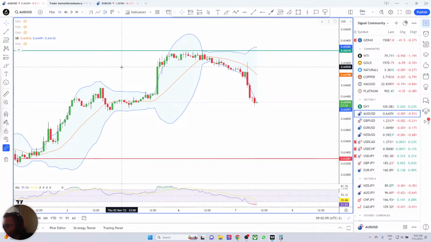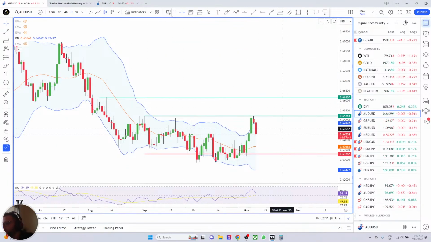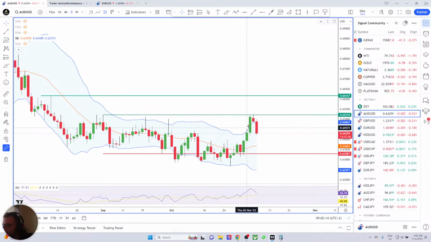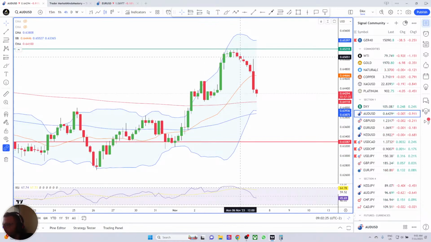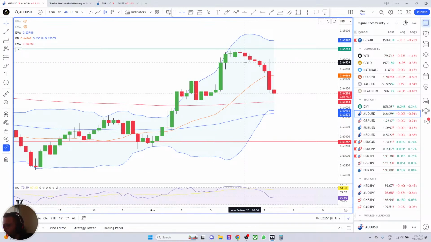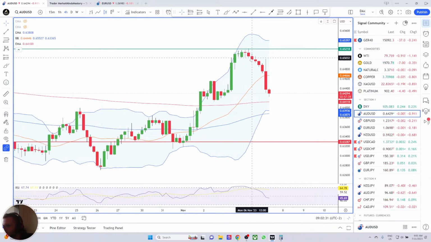So guys, Australian dollar against the US dollar daily chart. We commented that the price here at this resistance can temporarily experience some weakness, and there it came. On the 4-hour chart, it wasn't that clear a bearish engulfing, so I didn't like to get involved, although it was a good setup, but not as per my strategy.